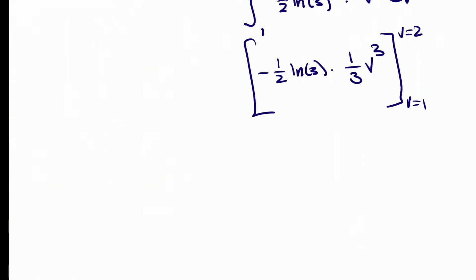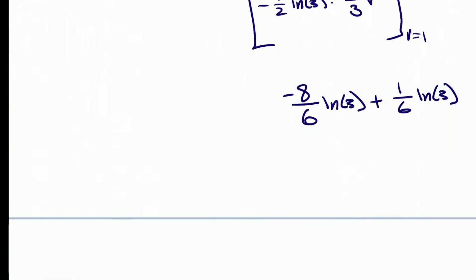So let's see, plug in v equals 2, and I get 8 thirds, 8 sixths ln of 3. And then, oh, that's negative. And then I'll plus 1/6 ln of 3. And this all boils down to negative 7/6, which doesn't feel right to me.